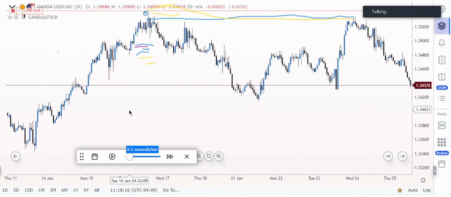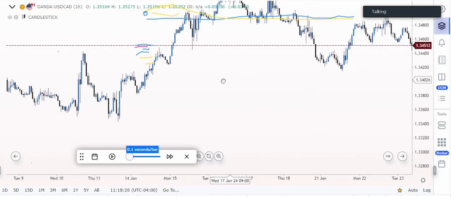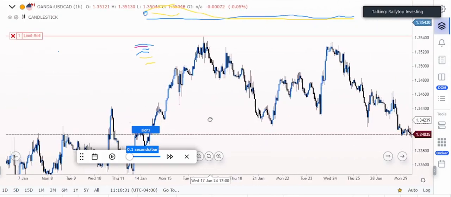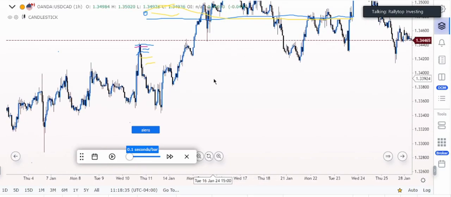Where is your low? Not yet. Where is your higher low before this higher high? Where is your last significant low, which is your higher low before that higher high?